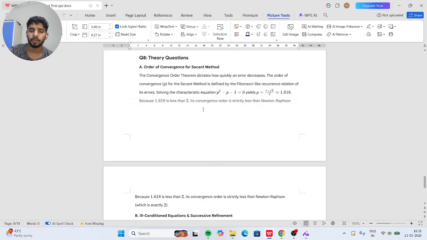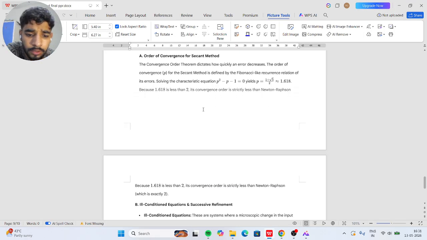So first, the order of convergence. The convergence order theorem dictates how quickly an error decreases, meaning how fast the error is decreasing. The order of convergence, denoted by P, for the secant method is defined by the Fibonacci-like recurrence relation of its errors.